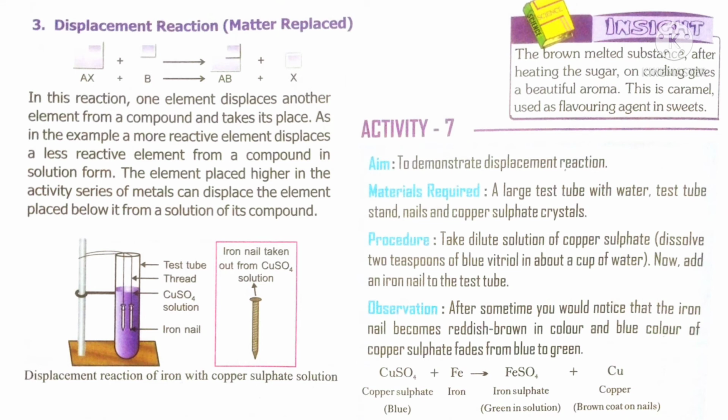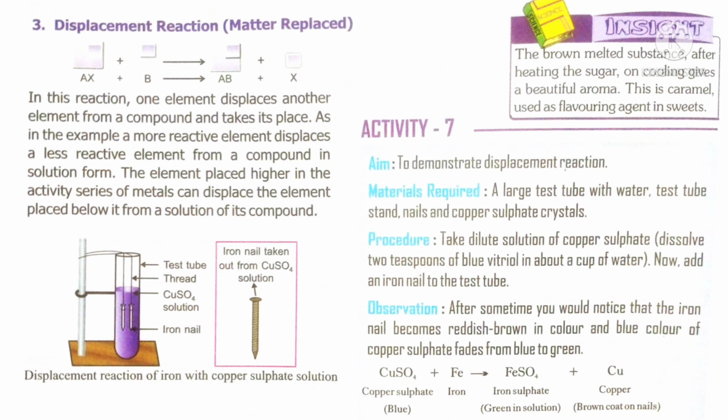So iron displaces copper and forms iron sulfate plus copper. Such a reaction is called displacement reaction because highly reactive element iron displaces less reactive element copper from the copper sulfate. Thus it forms new products, iron sulfate and copper.